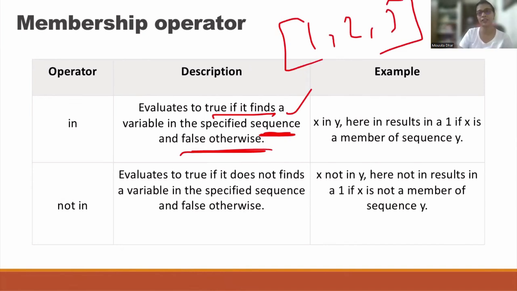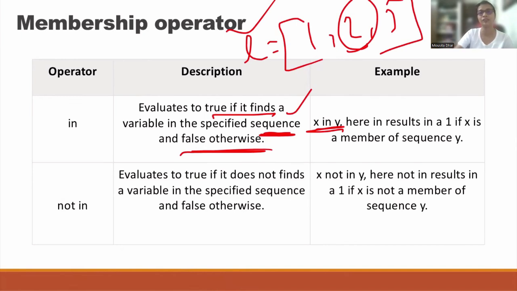So it is finding whether a particular value is inside this list or not. For example, X in Y. So for example, this name is L. I'm finding whether 2 is in L or not. If it is there, it will give you true. If it is not there, it will give you false.